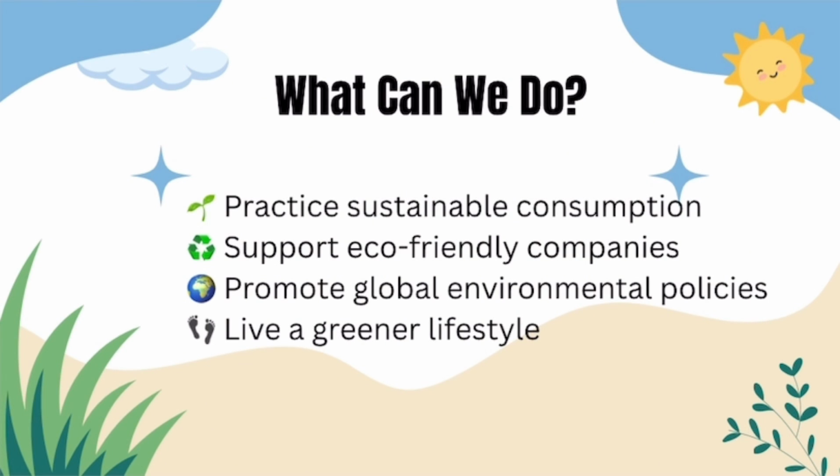On a bigger level, governments and organizations can promote global environmental policies that protect natural resources. And lastly, we can all live a greener lifestyle, meaning plant more trees, save energy, and educate others about protecting the environment. Small actions, class, when done by many, can make a big difference.